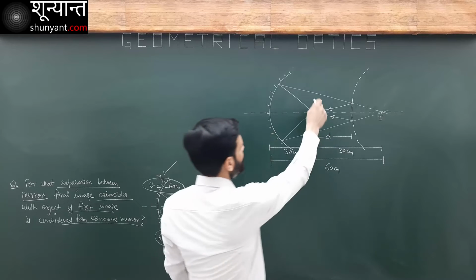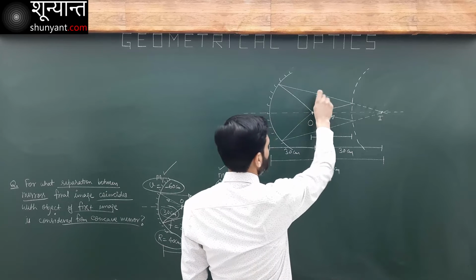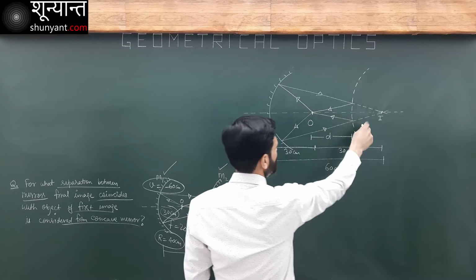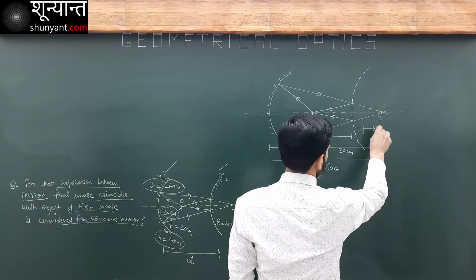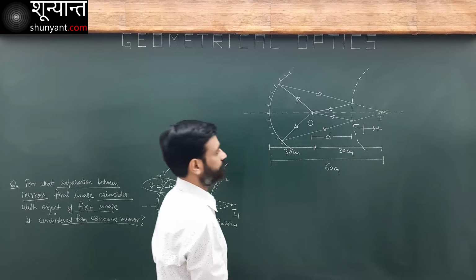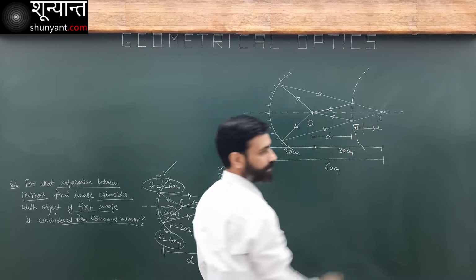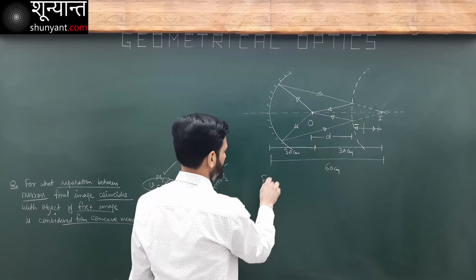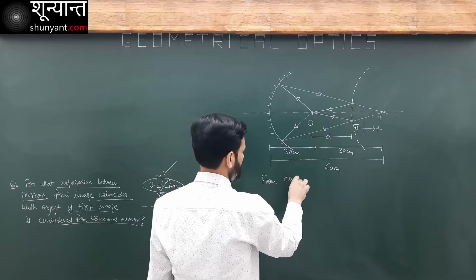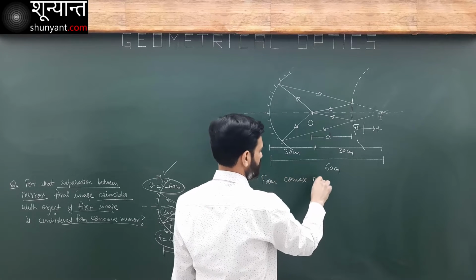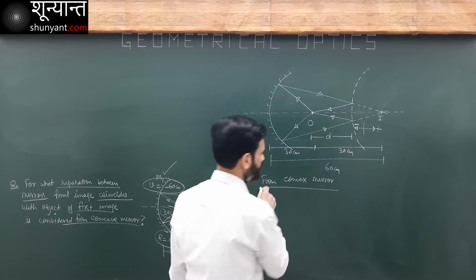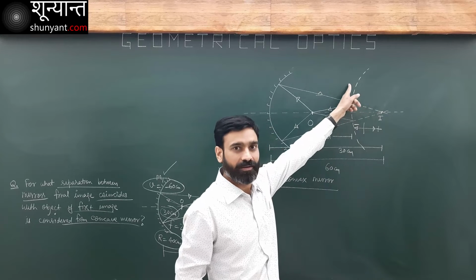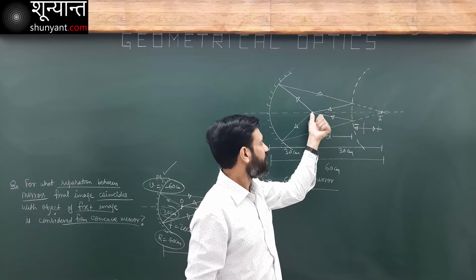Light rays are going towards right. So for this mirror, this will be the sign convention, positive and negative. From the convex mirror, this becomes a virtual object. Image must be here.